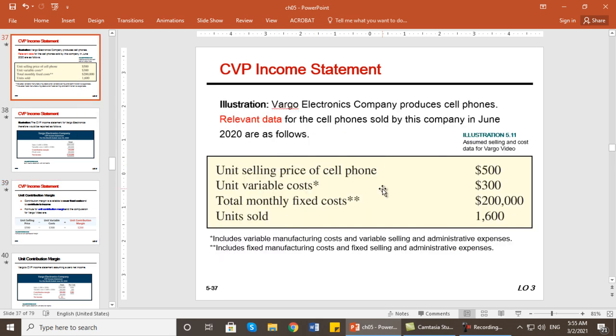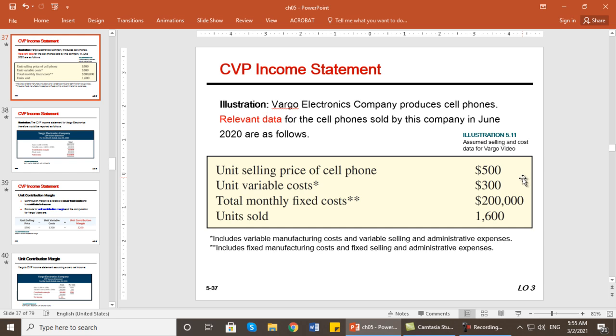From this exercise, unit contribution margin is the difference between selling price per unit and variable cost per unit: 500 less 300 equals 200.